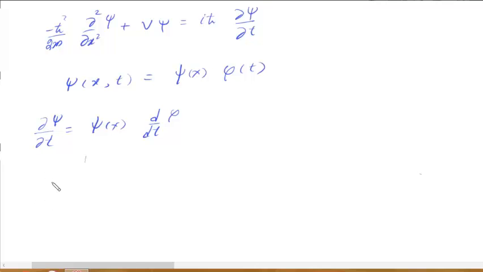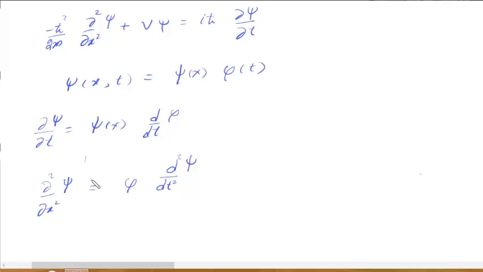Then the second partial derivative of capital psi with respect to x is phi times d square psi by dx square, because phi is constant with respect to x and depends only on time.